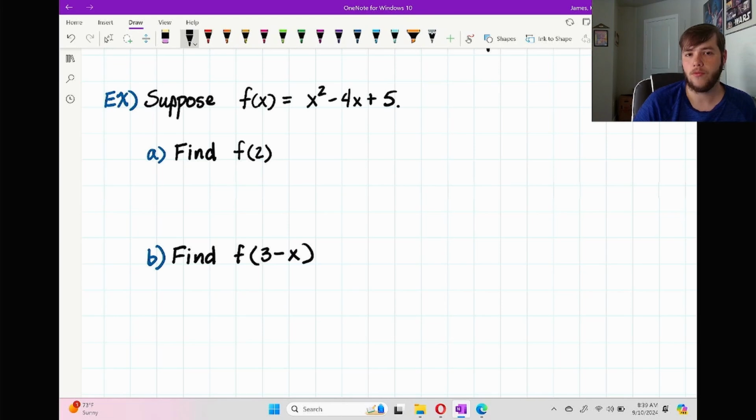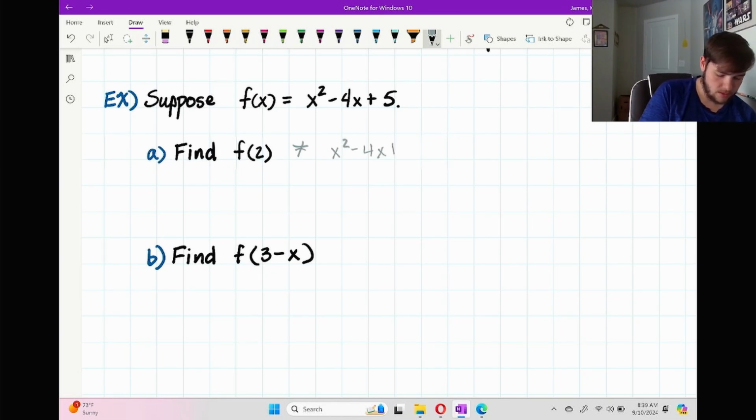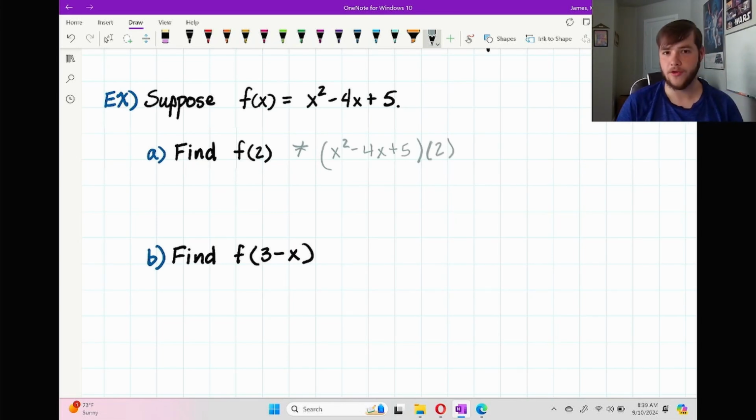So, when I ask you to find f of 2, this is not f of x times 2. Otherwise, I would ask you to find f of x times 2. This is saying use 2 as an input in the rule defined by f.